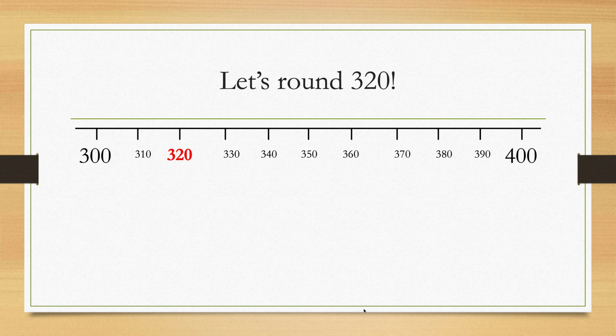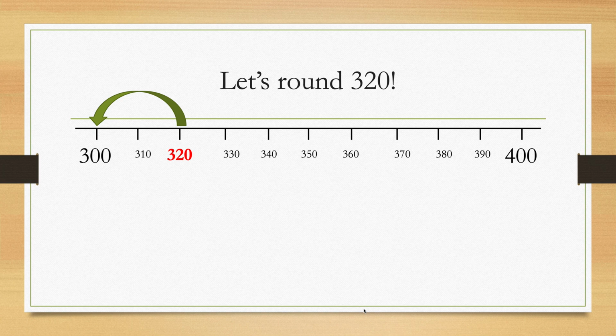Let's round 320. The greater 100 is 400 and the smaller 100 is 300. So we should round off 320. The tens place is 2 and 2 is rounded to 0. I got the answer.